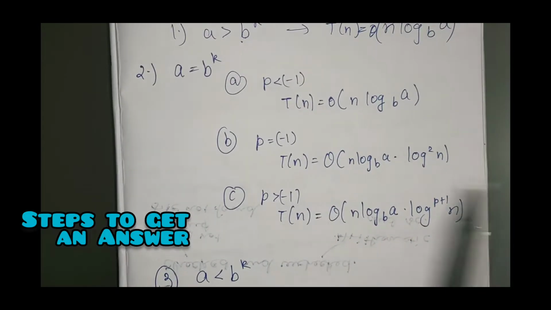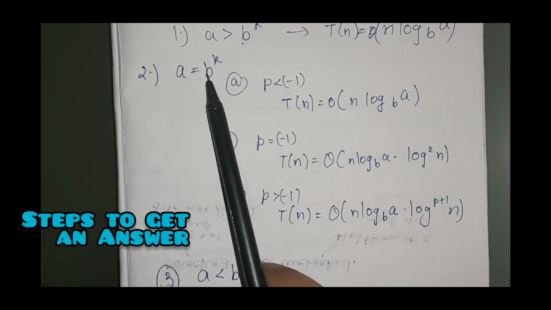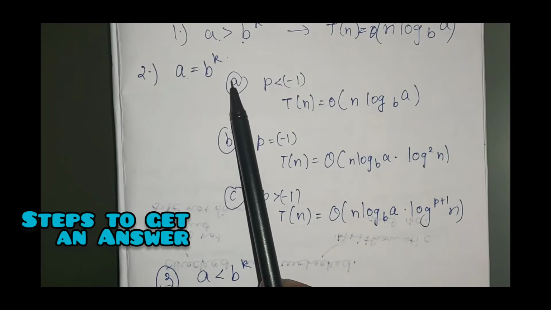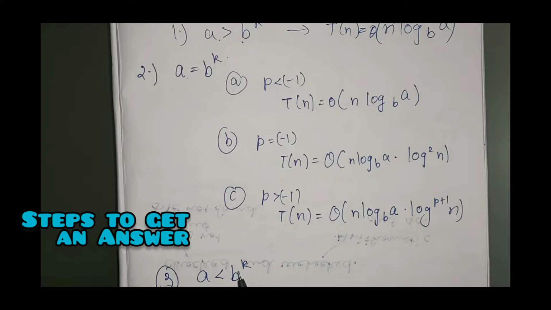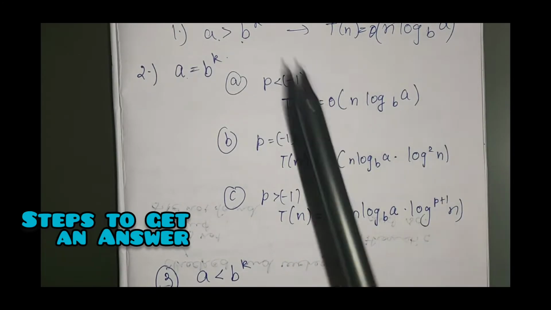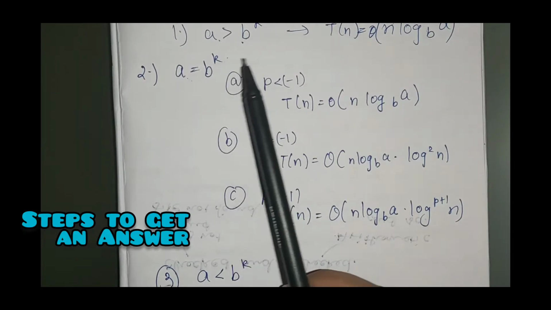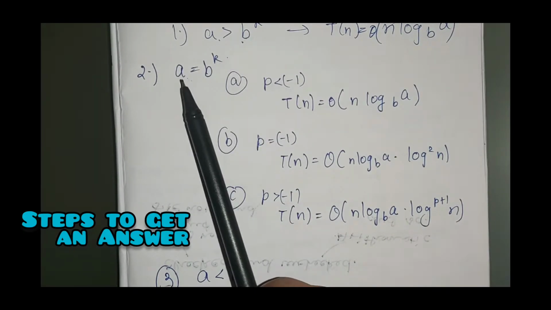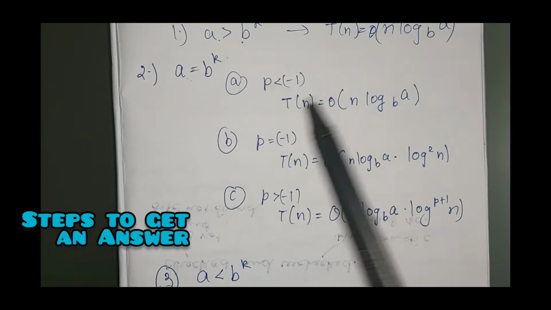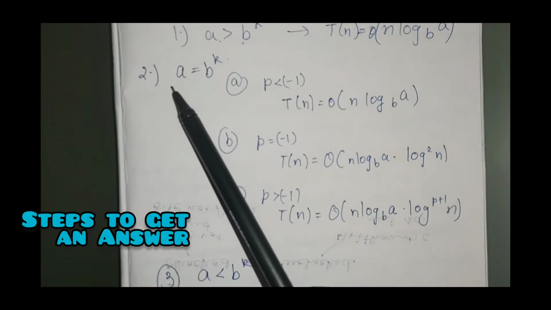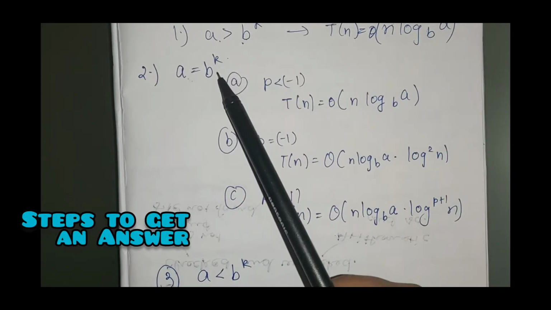The second condition says that if a is equal to b^k. We have three conditions: a is greater than b^k, a is equal to b^k, and a is less than b^k. So the first condition is fulfilled. We move to the second condition, which says that a is equal to b^k.